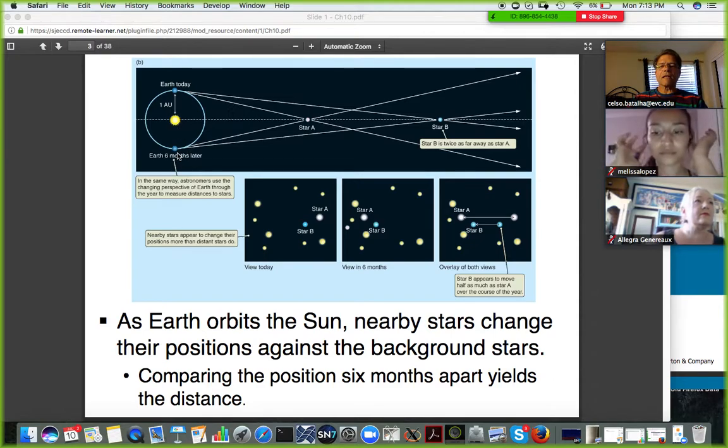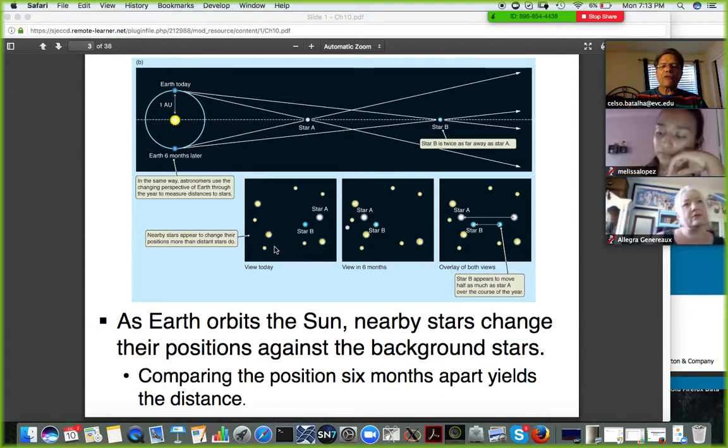Let's say that today, here on the top, we observe star A, and as we look at star A with a telescope, and I hope you can see my arrow here, we see star A projected against a group of stars pictured in this diagram down here. 1, 2, 3, 4, 5, 6, 7, 8.